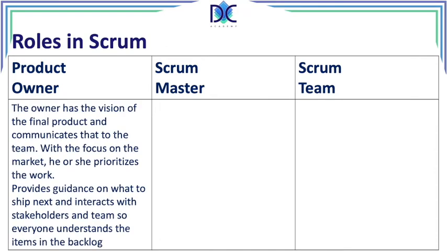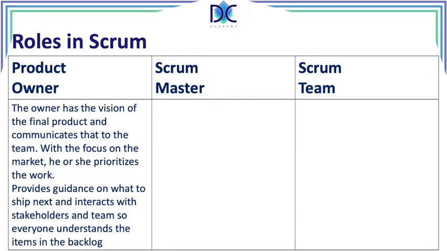The product owner is the person or the company with the vision and communicates that vision to the team. The product owner is also in contact with the market and has to prioritize the work to stay in focus with the market, to see that the work that is being done is really supportive for the company to deal with the business in the market.